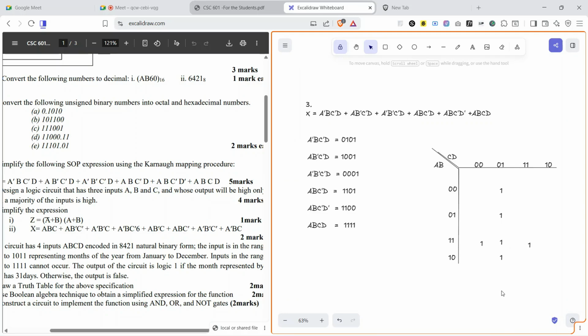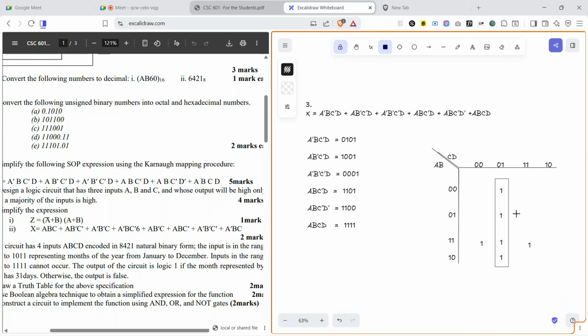So from the K-map representation, everything in this row is 1, so we are taking the whole of this. You represent everything else here as 0.